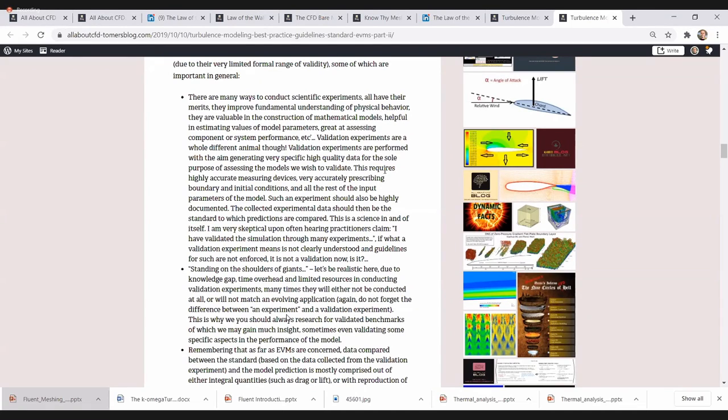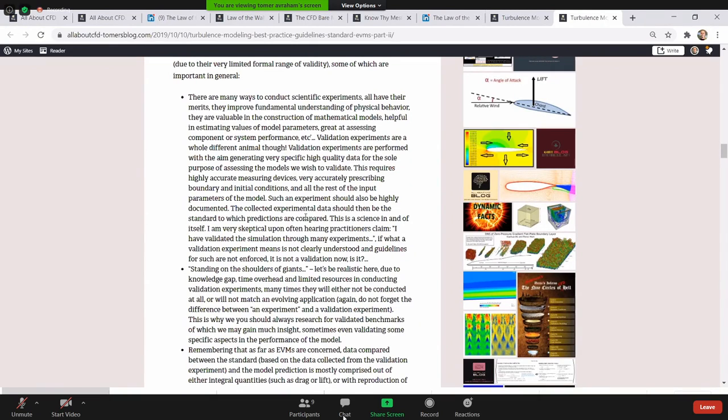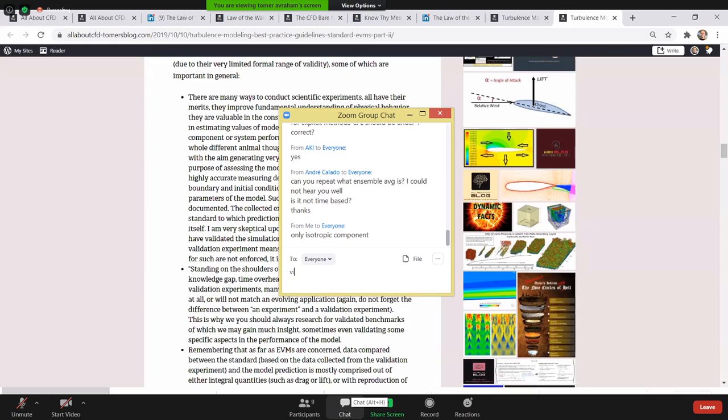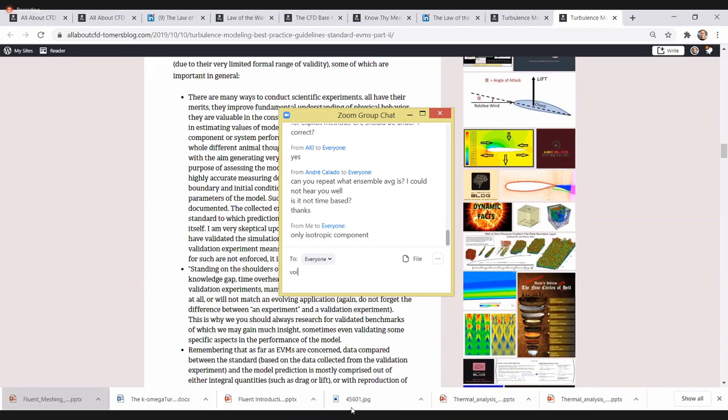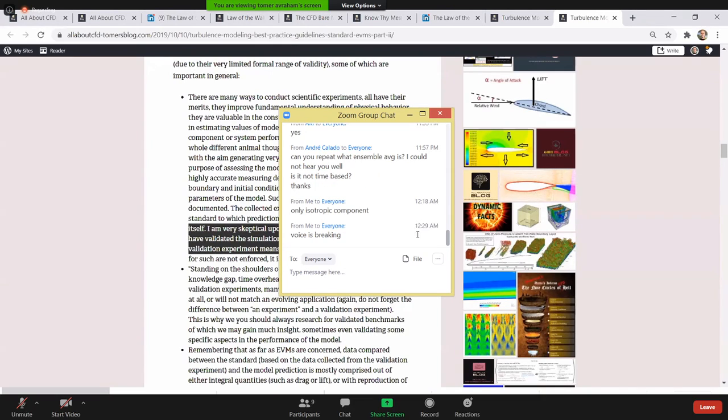Measuring devices have their own accuracy. You cannot just put them in, they interrupt the flow. It's not always documented. It's very hard to validate CFD by an experiment. It's not as easy as it seems.